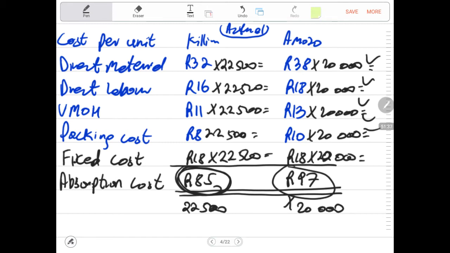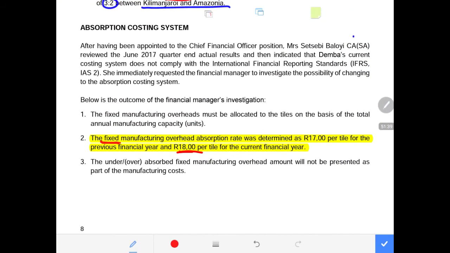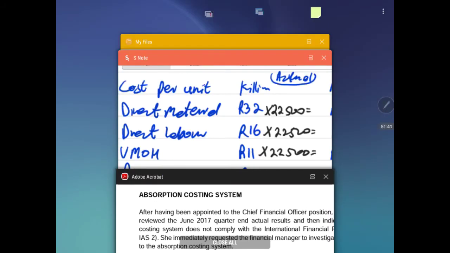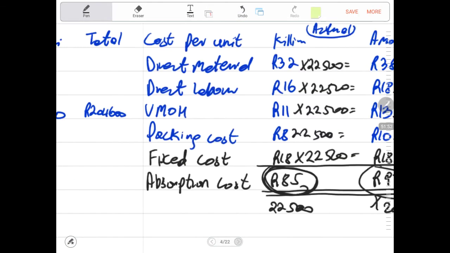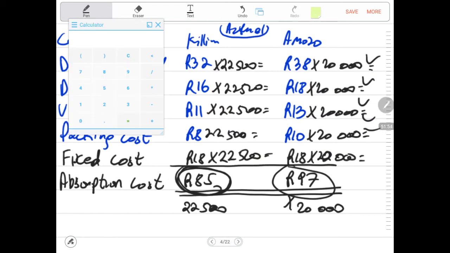So now allow me to just do it in the manner that I'm already working it out with, which is saying production.